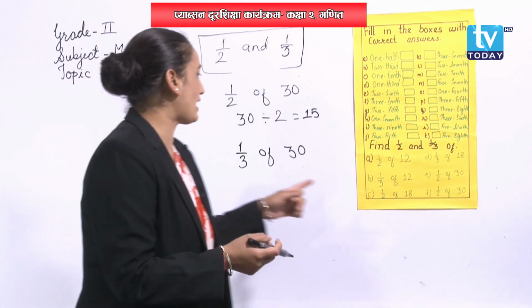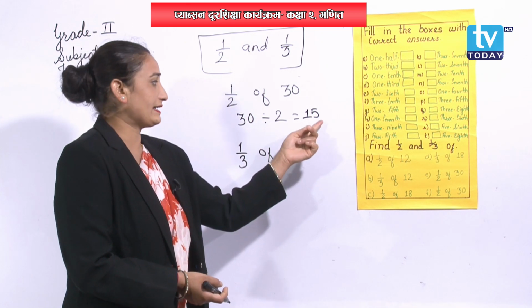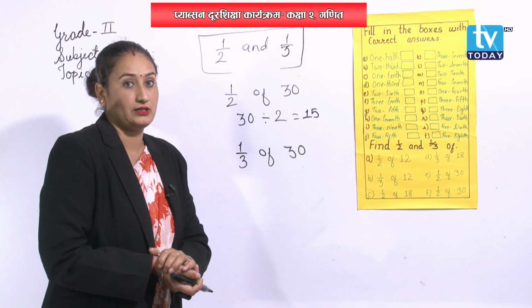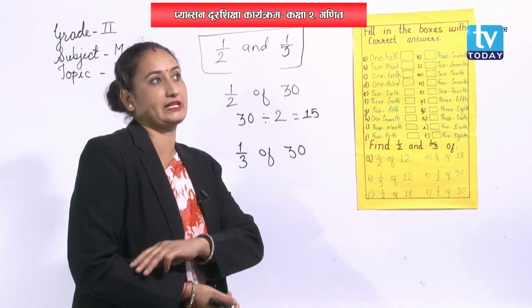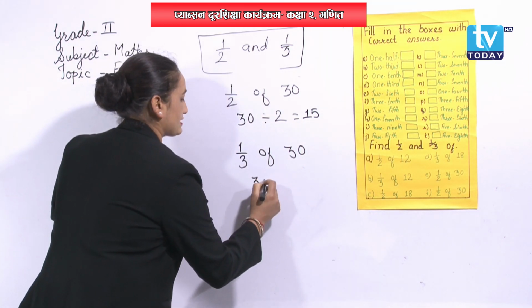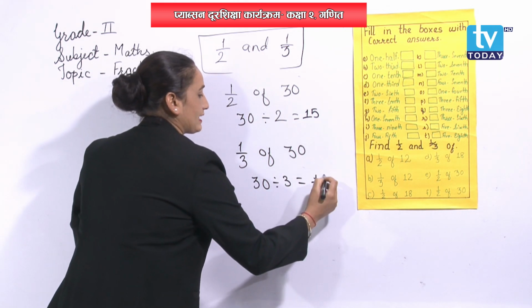See, 2 groups are getting 15 each. If you divide that 30 into 3 groups, will they get more or less? Have a look. When 30 is divided into 3 groups, each group will get 10.